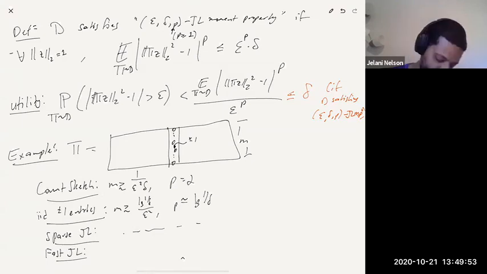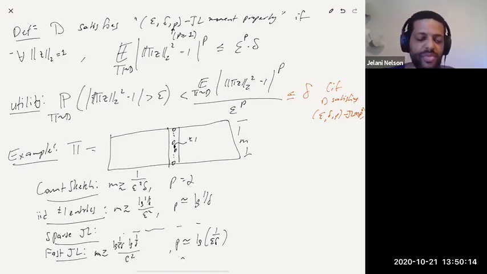I think you get away with p being roughly log of 1 over epsilon delta, and m is a little different. m is going to be something like log 1 over epsilon delta times log 1 over delta over epsilon squared, maybe a little bit better than that. I'll put the precise thing in the notes.